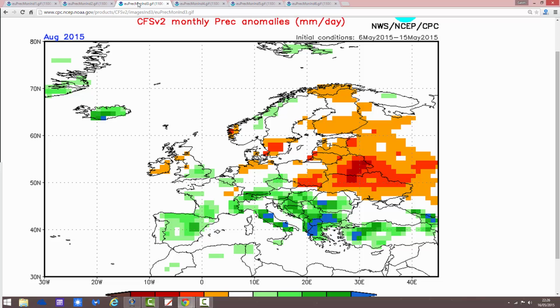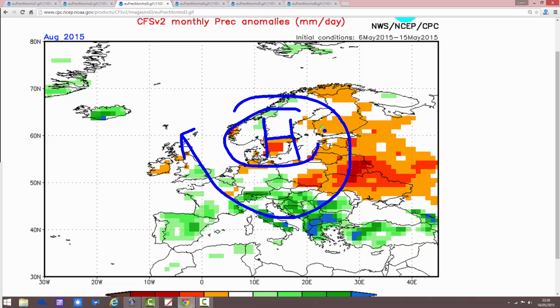We go through to August, and perhaps a little bit surprising again, whereas England and Wales is coming out a bit wetter than average, as it is for many western parts of Europe. Now remember, in August we've got the ridge sitting up somewhere around there. The flow is going something like that. What we could be seeing for August is signs of a thundery month, actually, with the wetter than average anomalies down in the south and southeast, with drier than average anomalies up in the northwest, and the high pressure, of course, over Scandinavia.